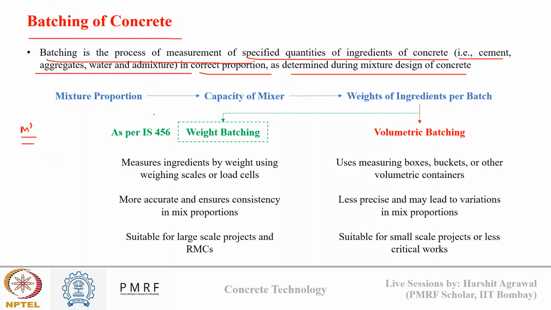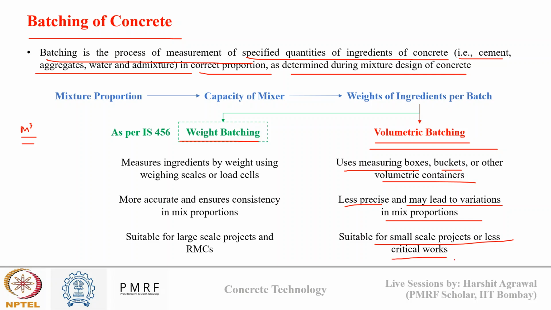Now, batching can be done in two ways. Either there can be weigh batching or there can be volumetric batching. In volumetric batching, we use measuring boxes, buckets, and volumetric containers to batch the different quantities of material. However, this is less precise and it may lead to variation in mixture proportion. So that's why volumetric batching is suitable only for small scale projects and less critical works.